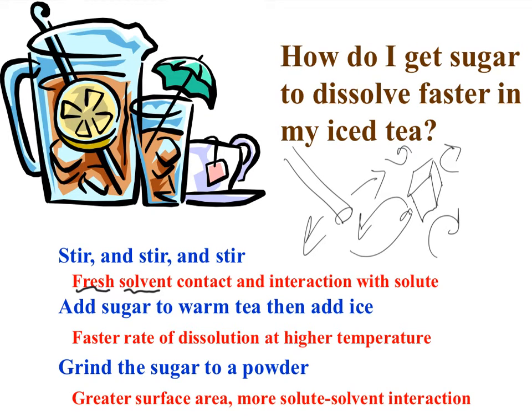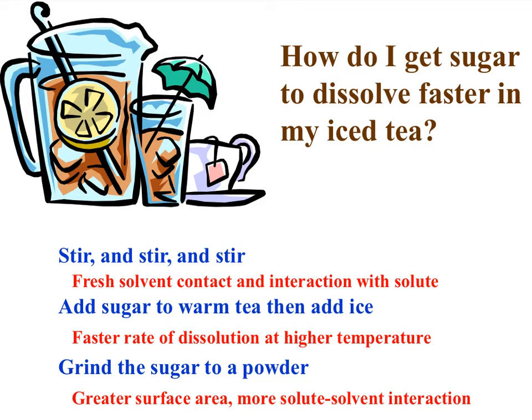So when we're talking about the solution, how do we get it to dissolve faster? We have to think along the lines of increasing how much solvent comes into contact with the solute. And to that effect, you're going to have to look at the greater surface area.